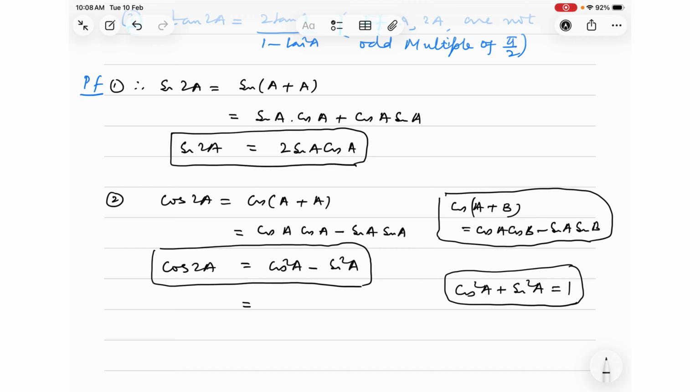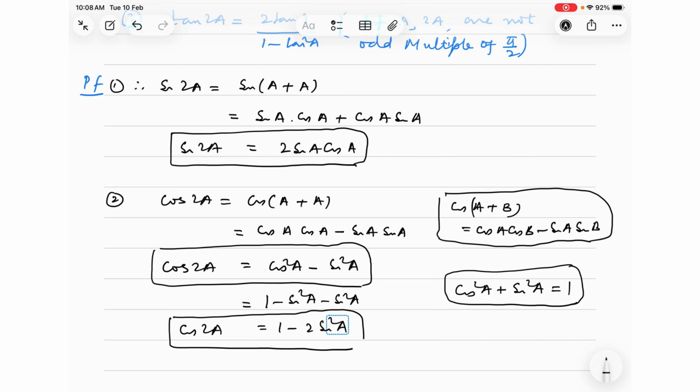So using this, we can write cos square A as 1 minus sin square A. Therefore we get 1 minus 2 sin square A. This is the second formula of cos 2A.